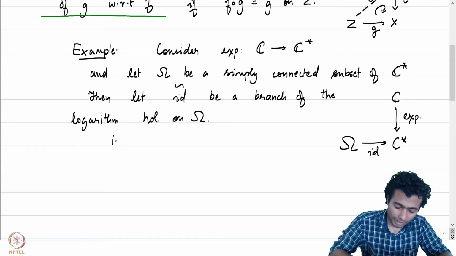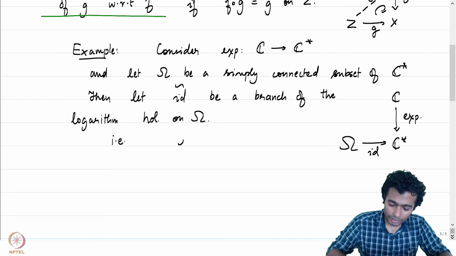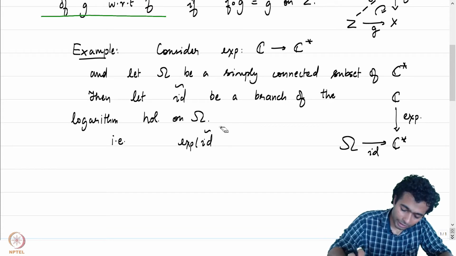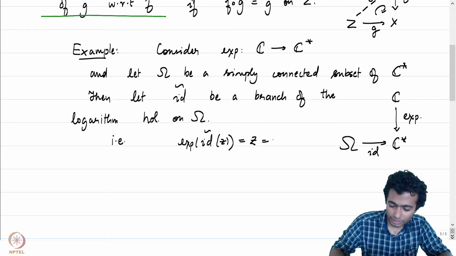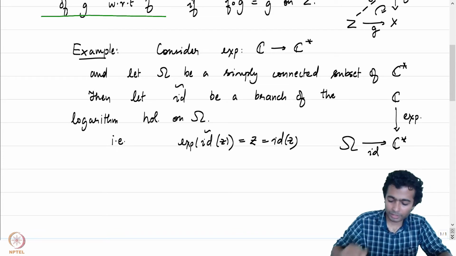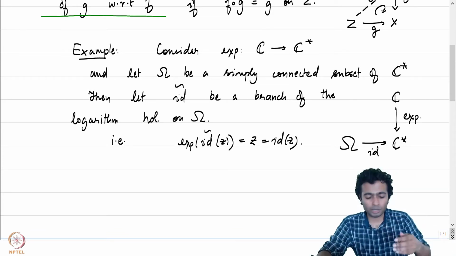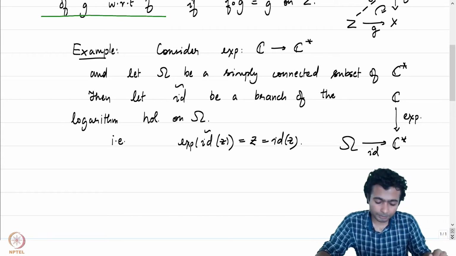What does that mean? I.e., if you look at exp composed with identity tilde, that's just going to be, of z, identity tilde of z, equal to z, which is the same as identity of z, right? This is precisely what it means for identity tilde to be a branch of the logarithm.